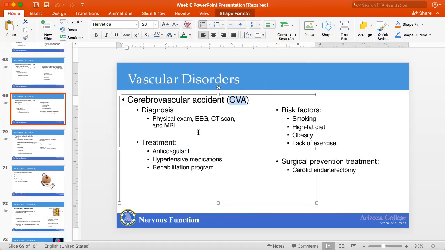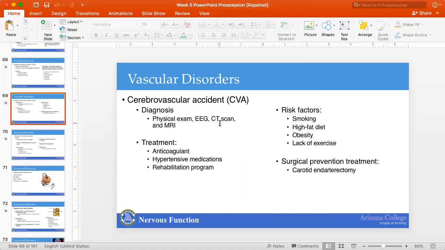Depending on how someone recovers and the rehab they get immediately following the stroke, they can see a lot of long-term benefits and could potentially recover part of that area. Risk factors include smoking, high-fat diet, obesity, lack of exercise. Surgical prevention and treatment: carotid endarterectomy, if you need to take that out.